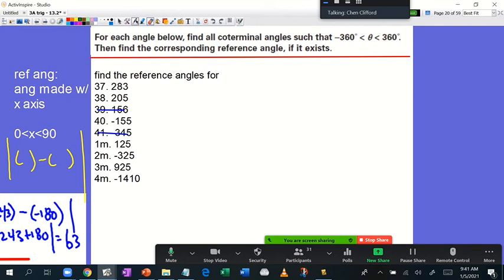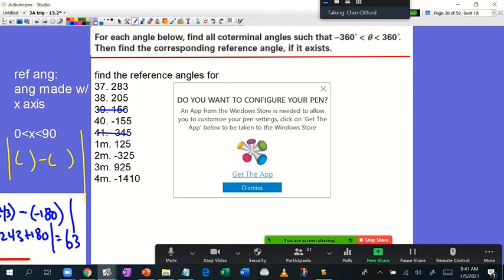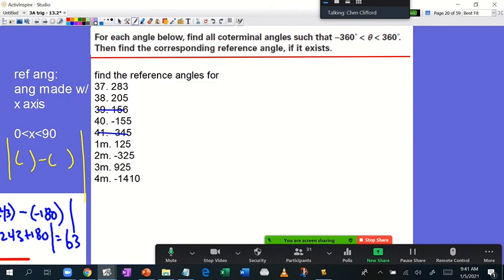Now, when it comes to reference angles, we're going to be talking about one of these four scenarios.